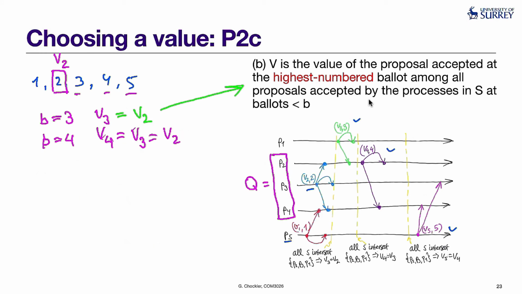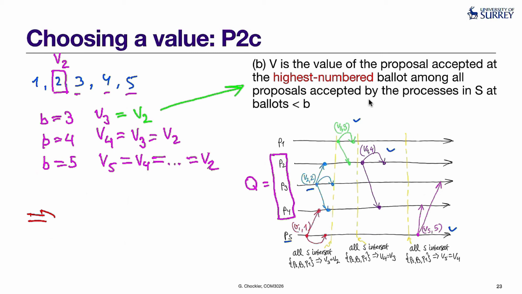And so we can continue in the same fashion. So for ballot 5 we get that V5 equals V4 equals V2, and so on. And so from this reasoning we can conclude that P2C part B indeed implies what we need.